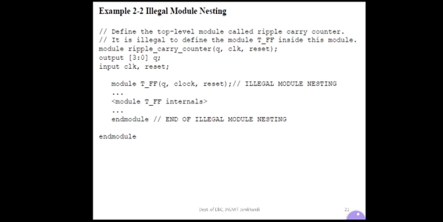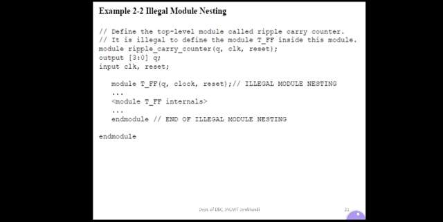There is one more example which defines illegal module nesting. Remember here, modules cannot be nested. That means within one module, another module cannot be written. All the modules are separately written. That means if you start with any module, you should end the module first, then only you can define another module.